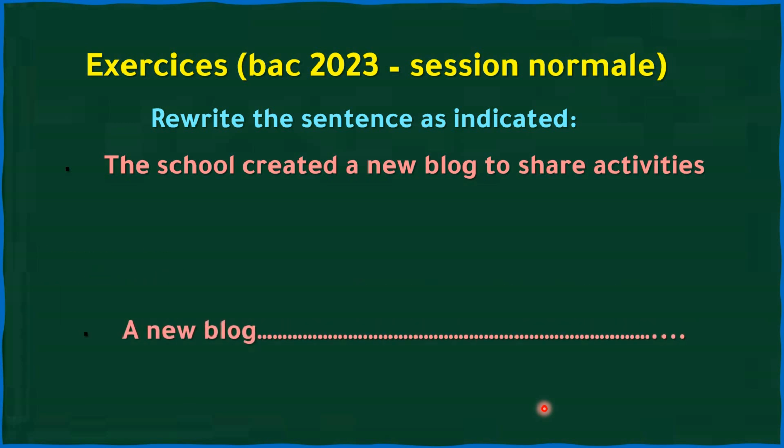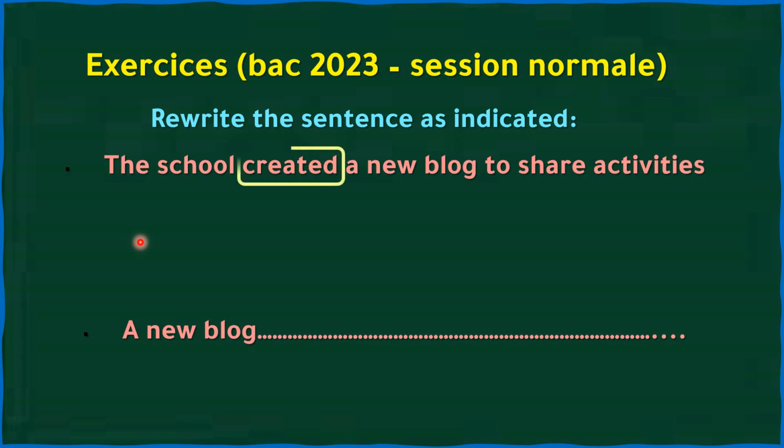A new block. Look here, a new block is what? It is an object here. So the object becomes a subject, and the subject will be put in the place of the object. Okay, the verb. What is the verb? The verb is in the simple past.